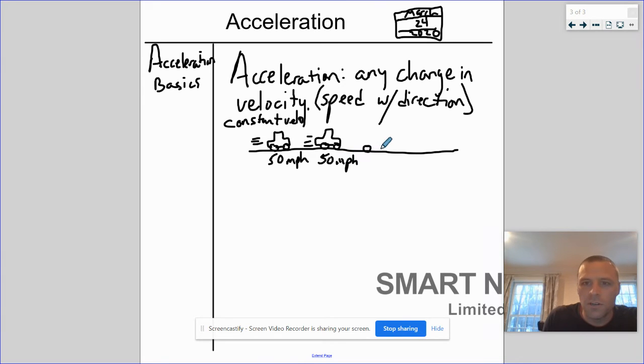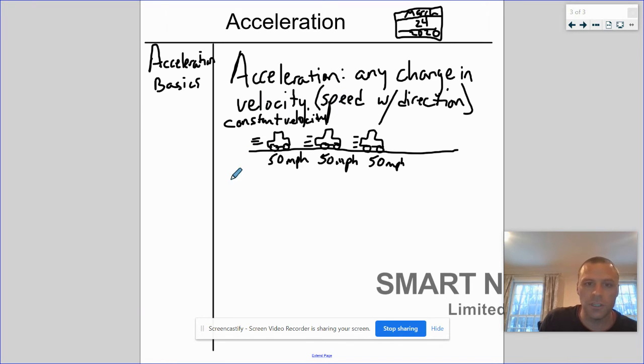And then one more, 50 miles per hour. This is what we will call constant velocity. But that's something that's staying the same.